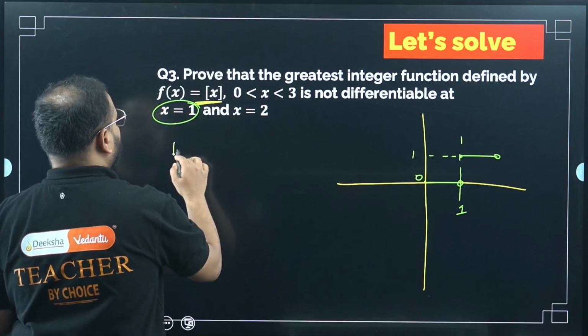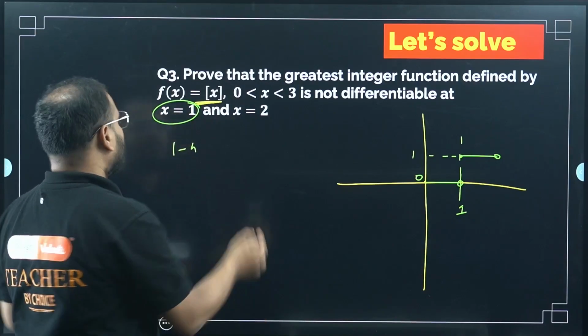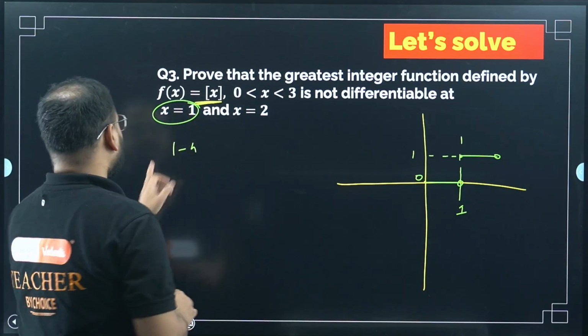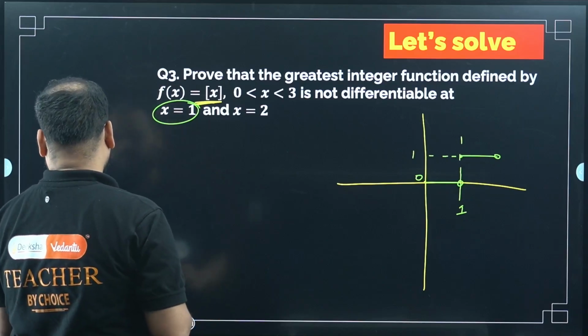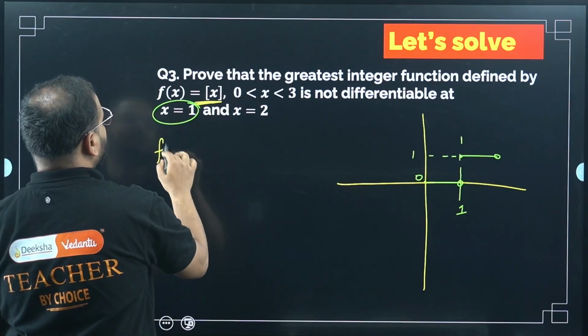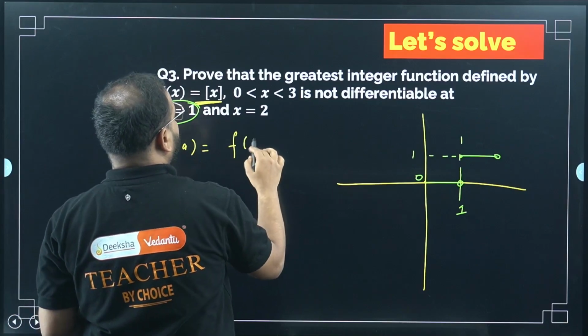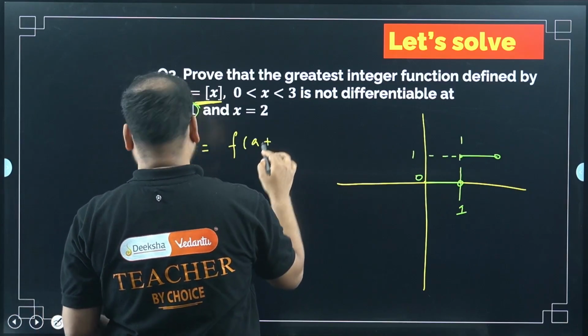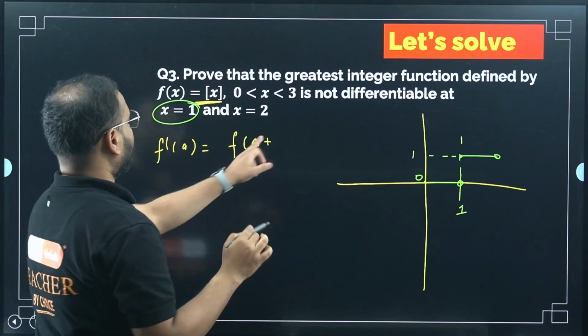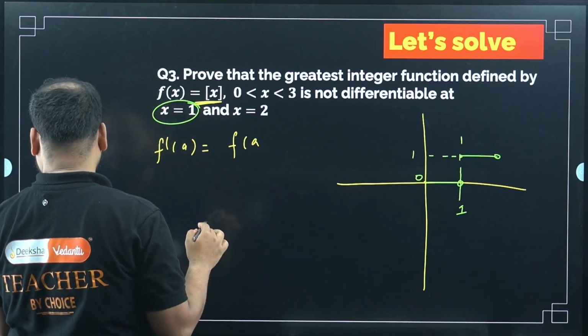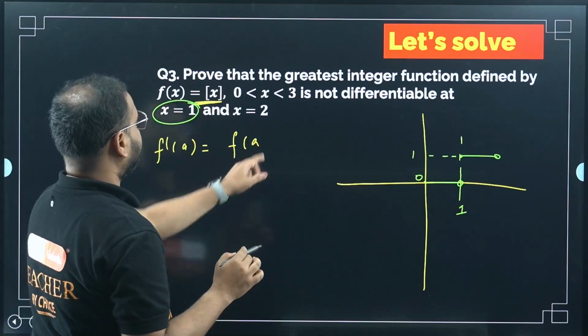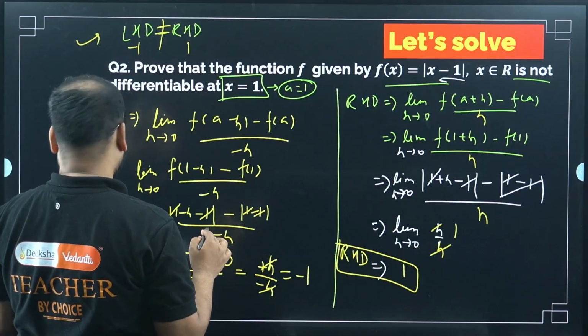If I do like this, 1 minus h, what will be this? What is the first principle saying? F dash of a is given by f of a plus, sorry, okay, forgive me.